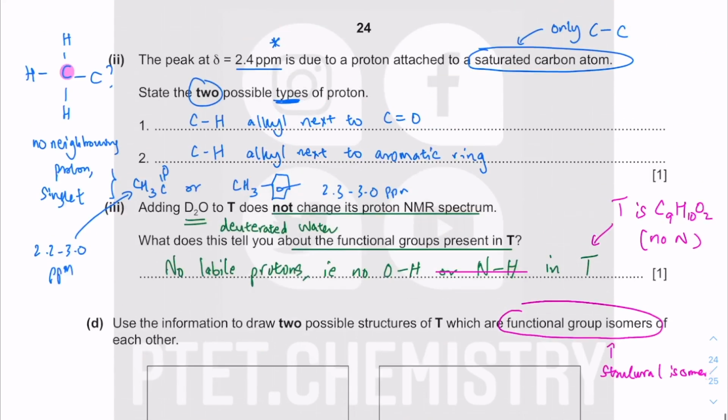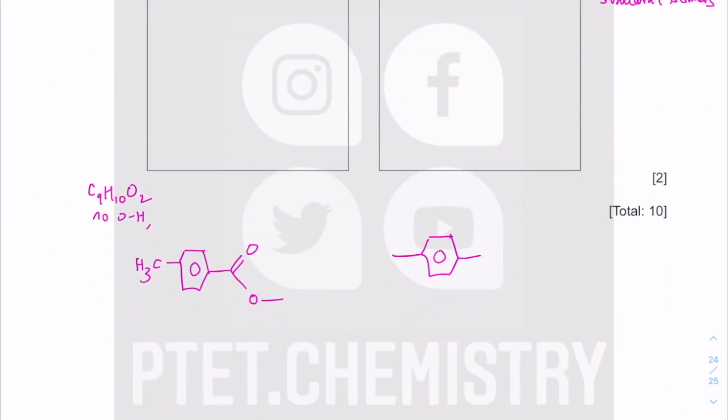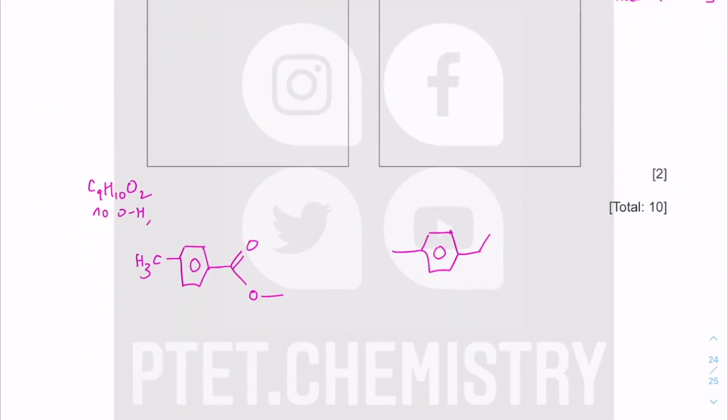What else could I have? I could have a CH3 next to a C double bond O, like this. That is perfectly acceptable.